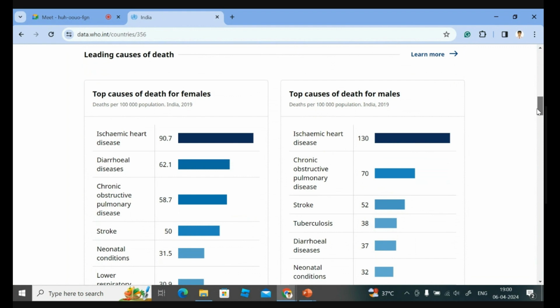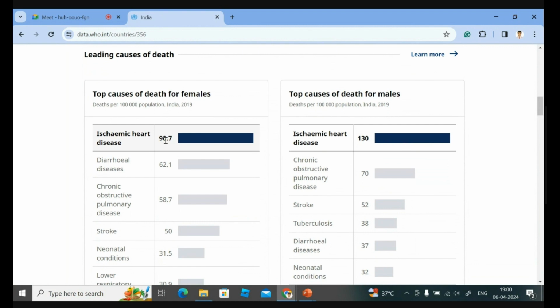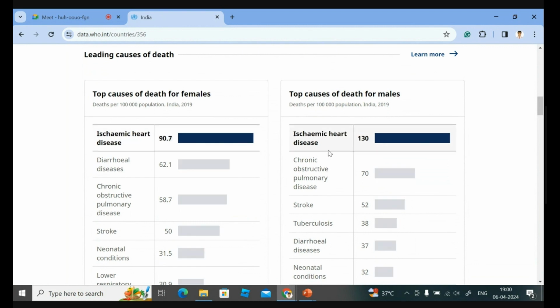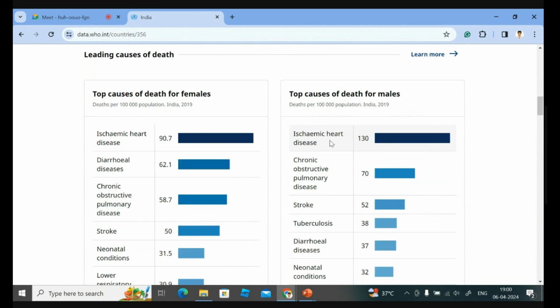One of the biggest killers for both men and women in India is heart disease. Ischemic heart disease. Yes, look at that. It's huge in both males and females. In fact, more males are dying because of heart diseases. Heart disease is not that rampant among the females, although this is the biggest cause.